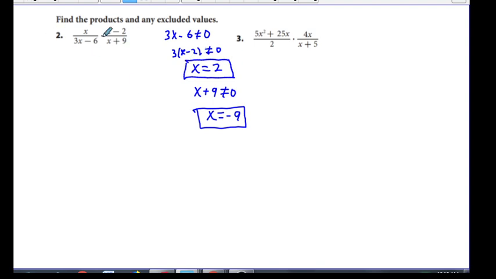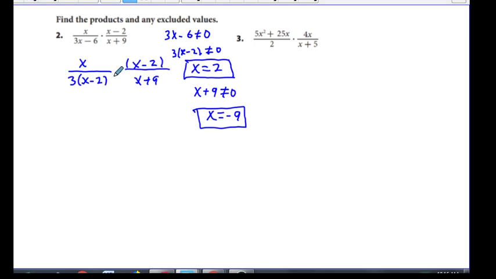Then we can rewrite this and simplify as best we can. So we have x over, in the denominator, 3 times quantity x minus 2. And then up here we rewrite x minus 2, and then we have x plus 9.